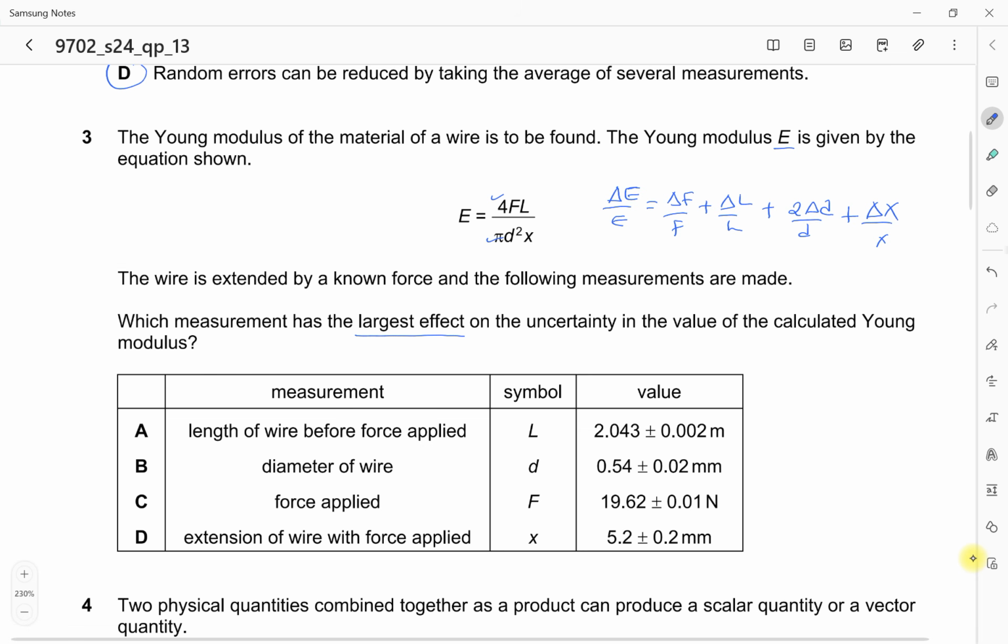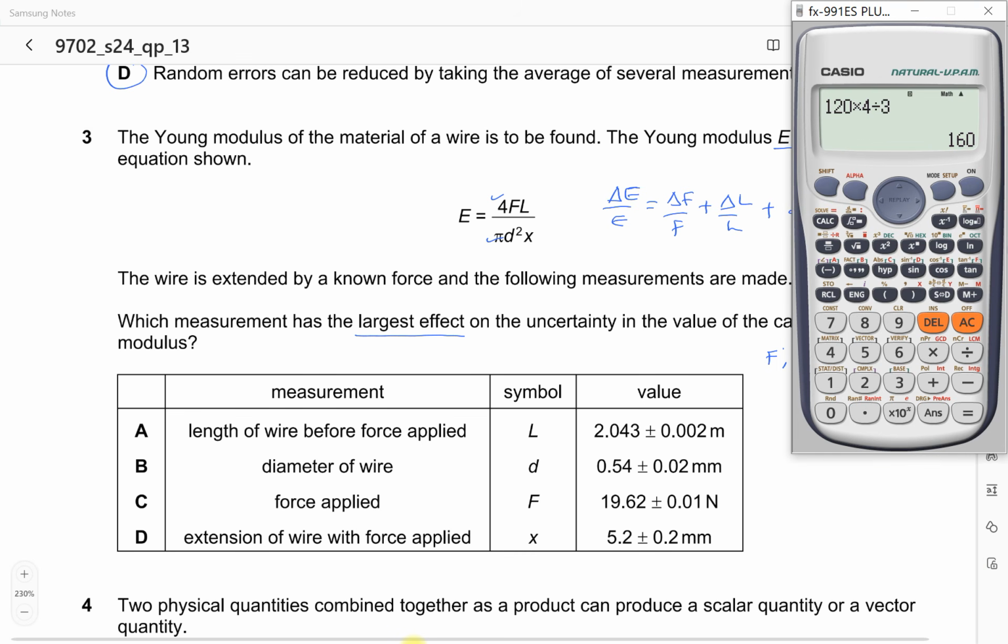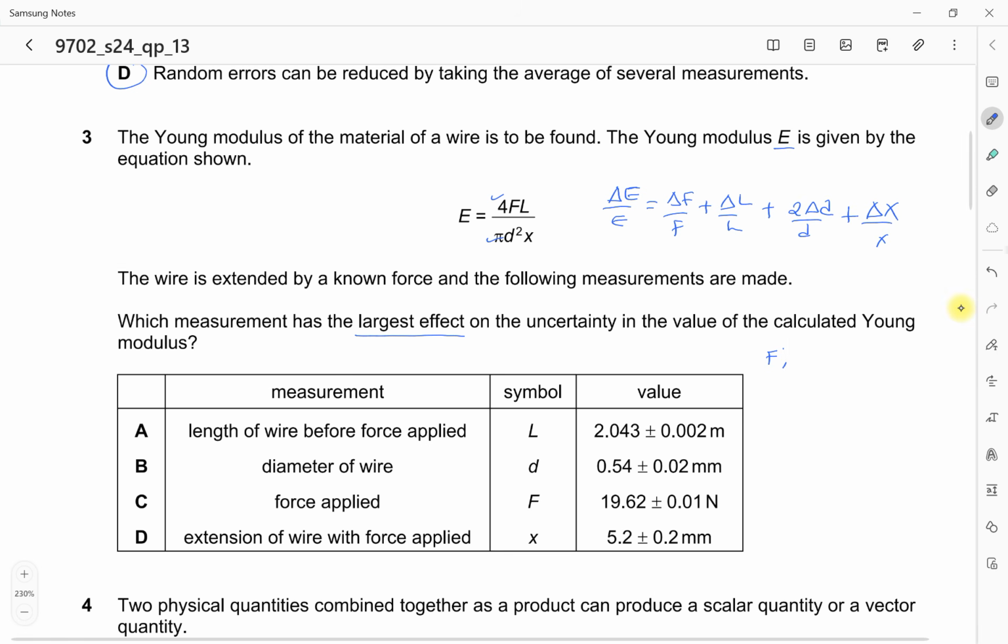So for F, the fractional uncertainty is going to be 0.01 divided by 19.62. So that is 5.1 times 10 to the power of minus 4.